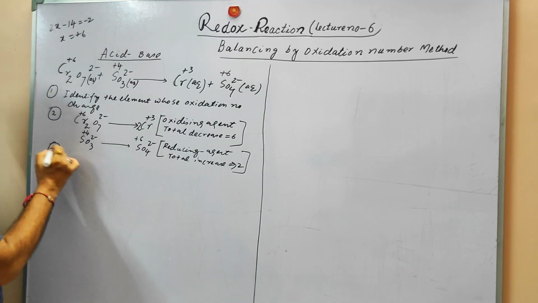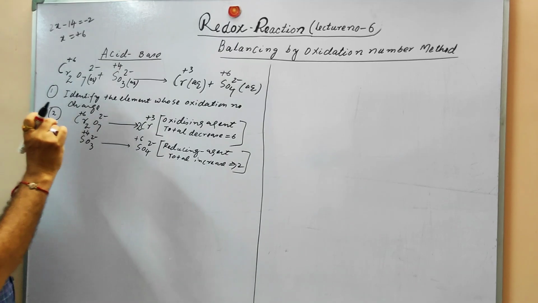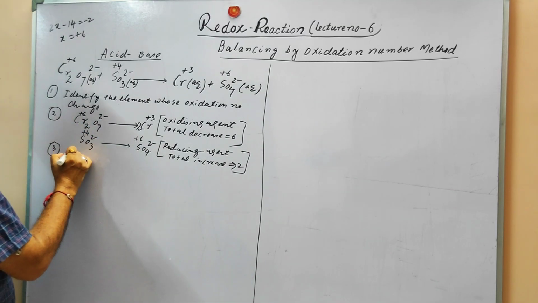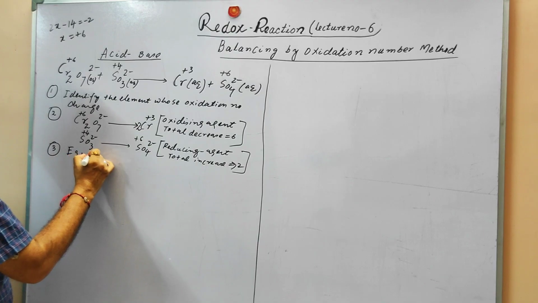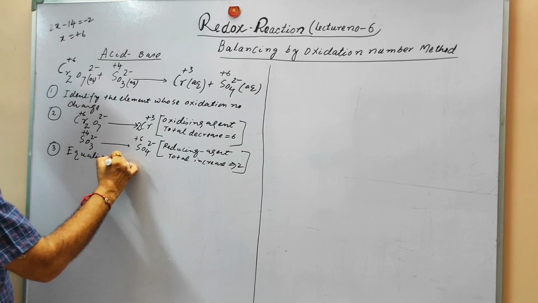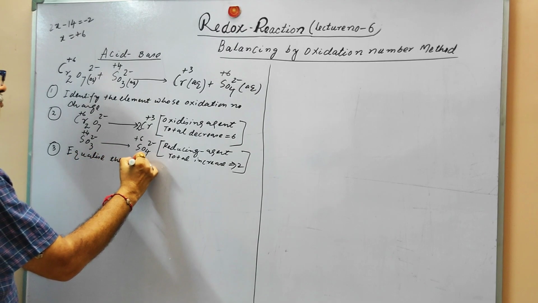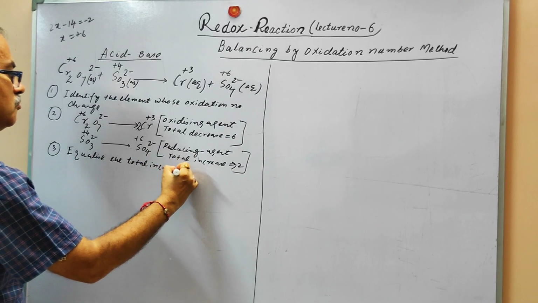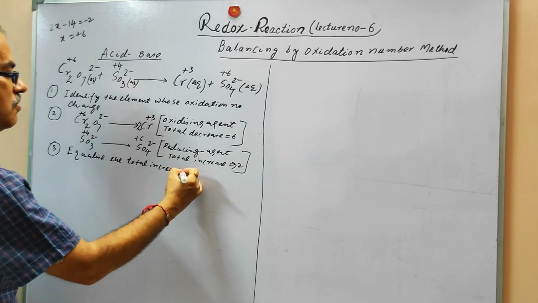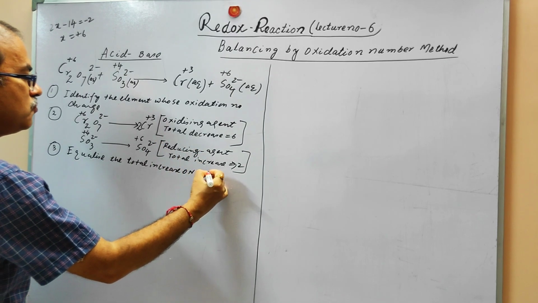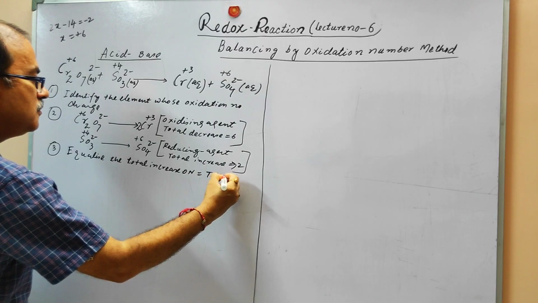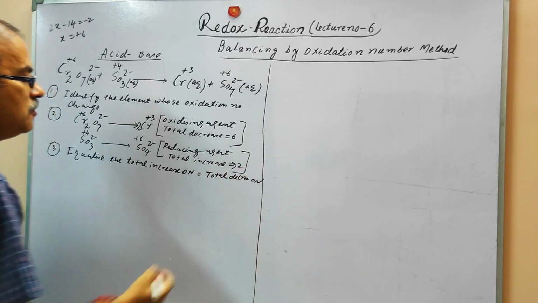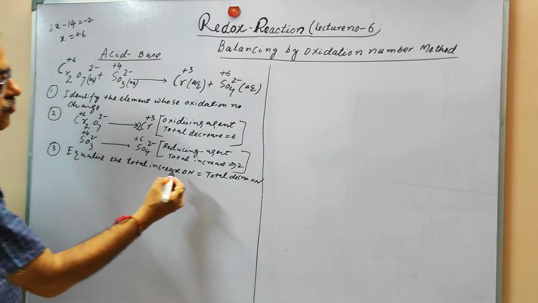Third step, we now have to equalize the total decrease and total increase. The total increase in ON must be equal to the total decrease in ON.